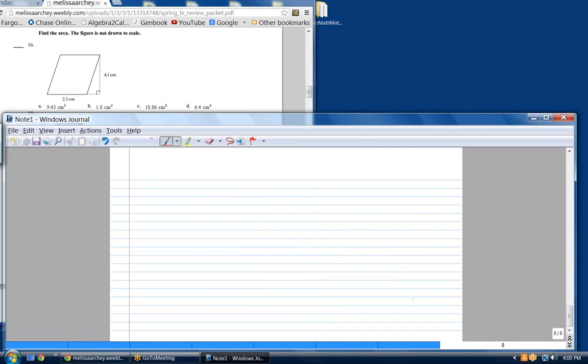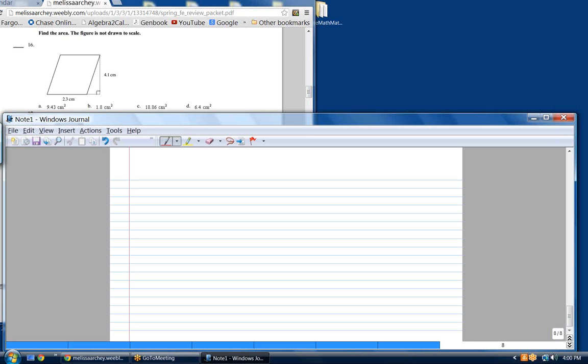All right. Find the area. Okay, what's the area of this parallelogram? Isn't it just base times height?